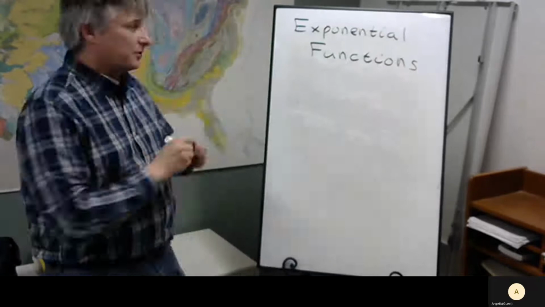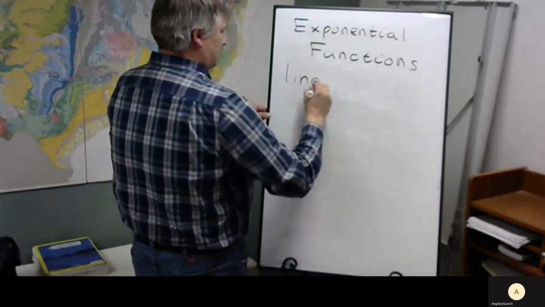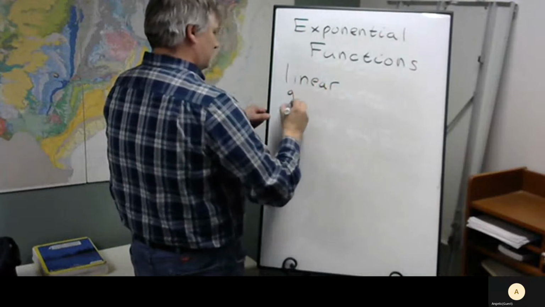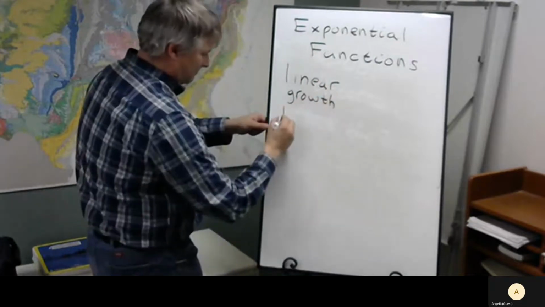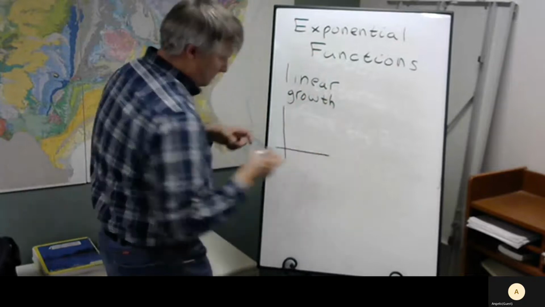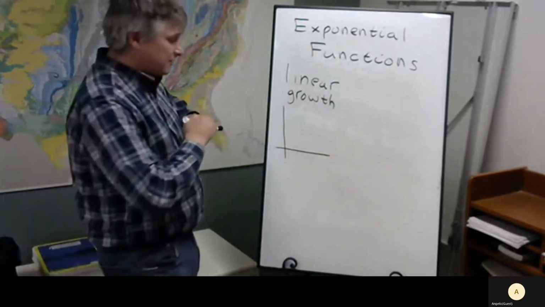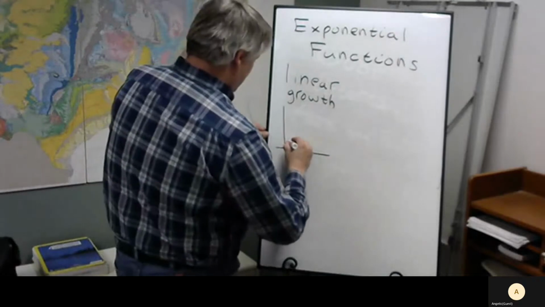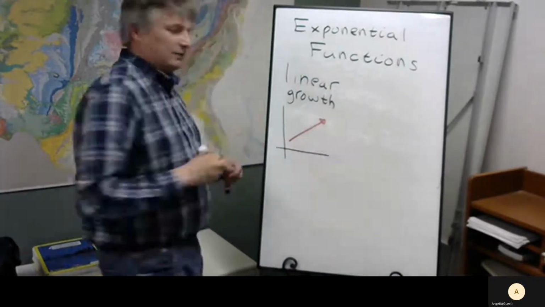So what we have is linear growth. And we've seen that already. So for linear growth, something, say, could be increasing like this.